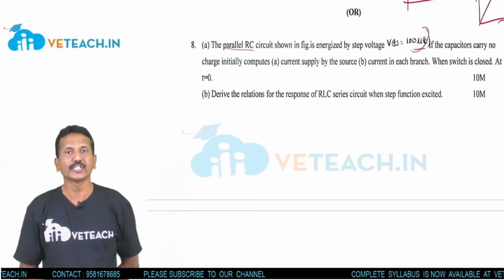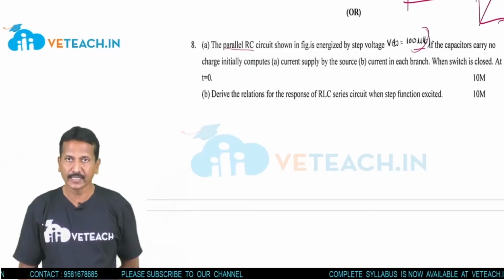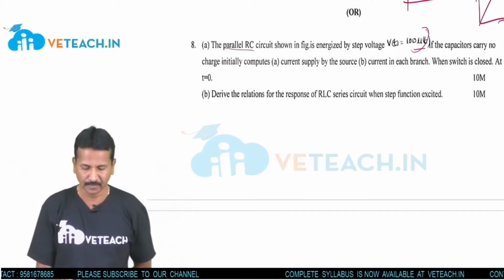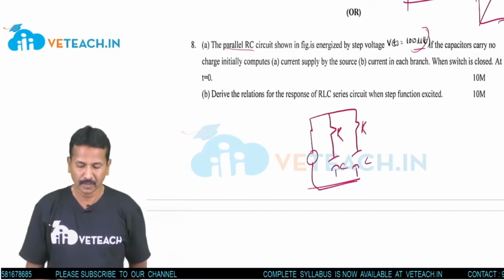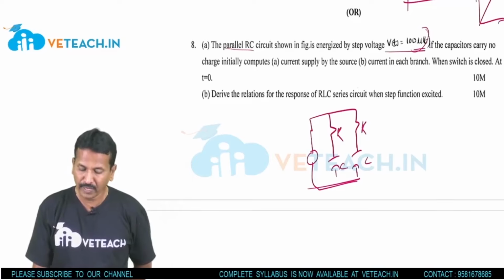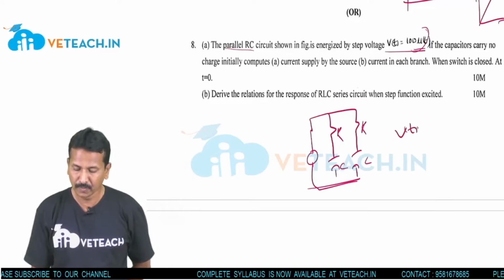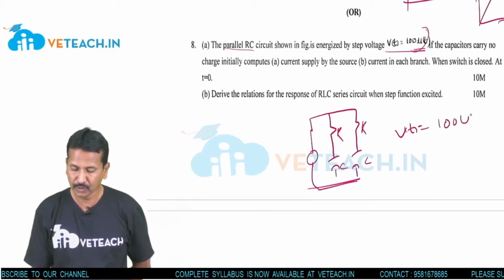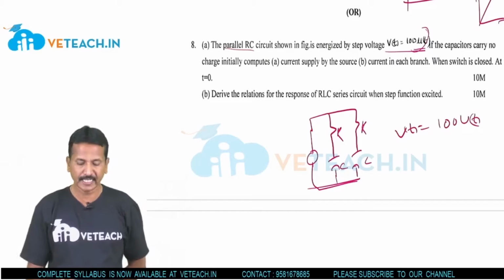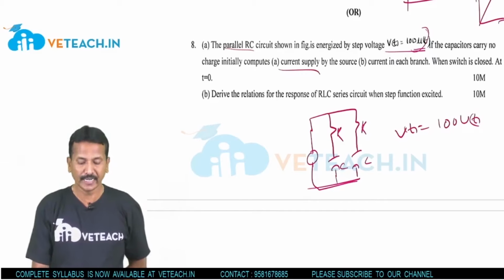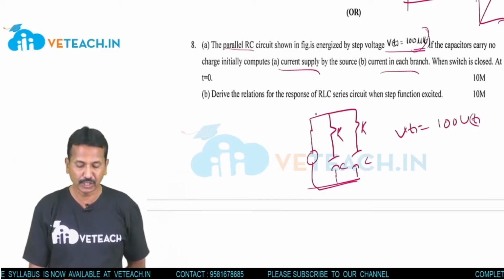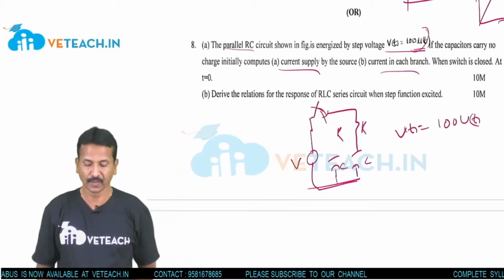Two parallel branches are there, resistance and capacitance. V of t is equal to 100 u of t. The capacitors are not carrying any charge, and we find the current supplied by the source and the current in each branch when the switch is closed.